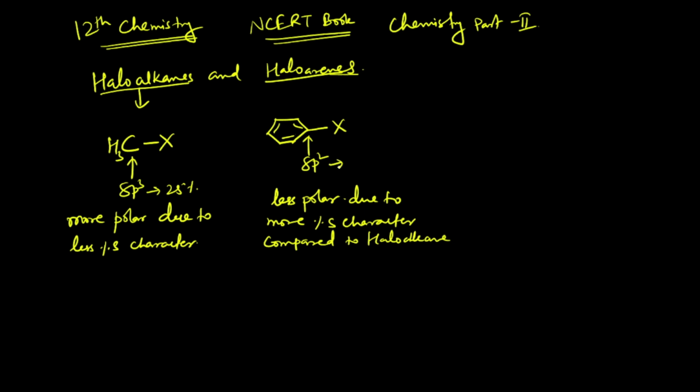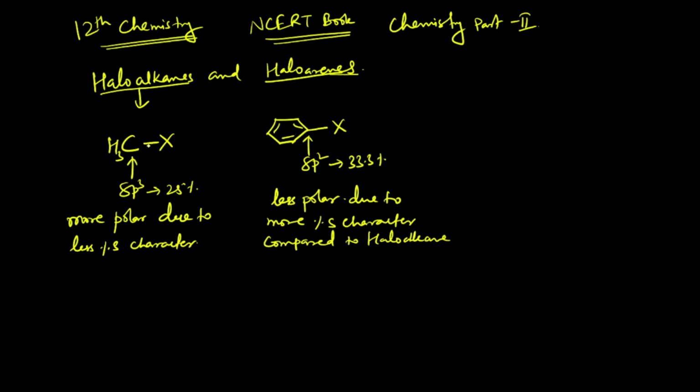Here, what is the percentage s character? It is 33.3%. So how does polarity depend on percentage s character? Suppose here the percentage s character is 25, and you know that the more the percentage s character, the more electronegative the carbon behaves, right? If the percentage s character is less over here, what will happen?